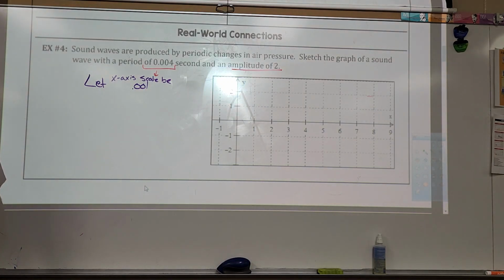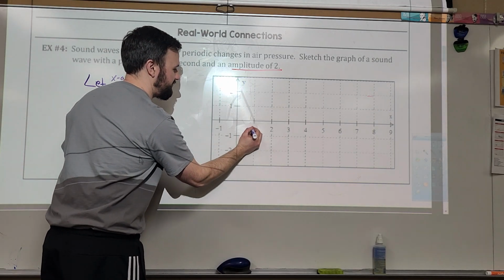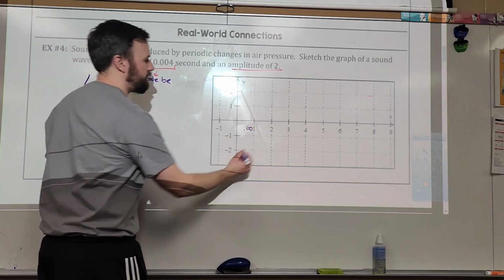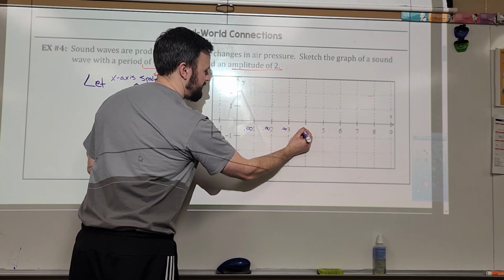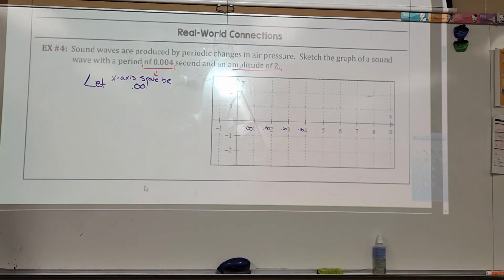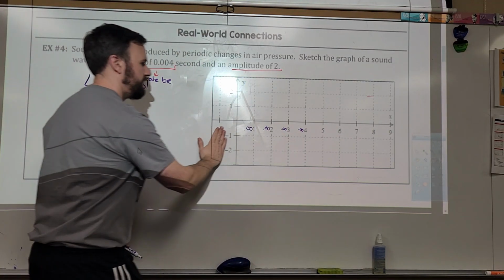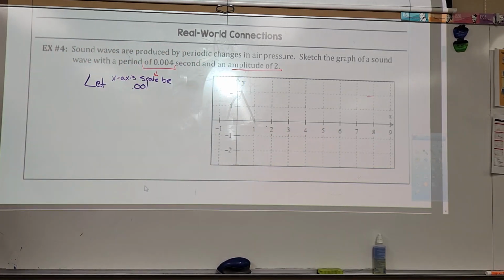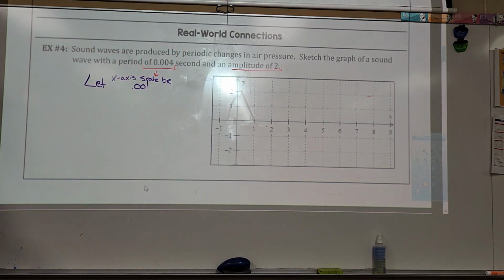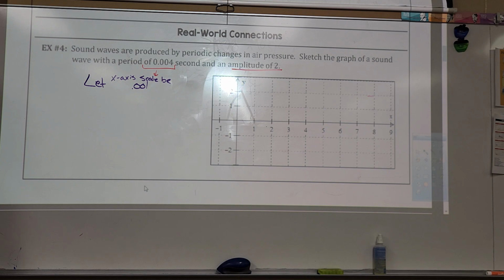So now I'm going to say X is in 10 thousandths. Does that make sense? So that makes this 0.001, 0.002. Now, if I denote this, do I have to actually write that on there? No, I don't, because I know each one of these is a 10 thousandth. Cool.